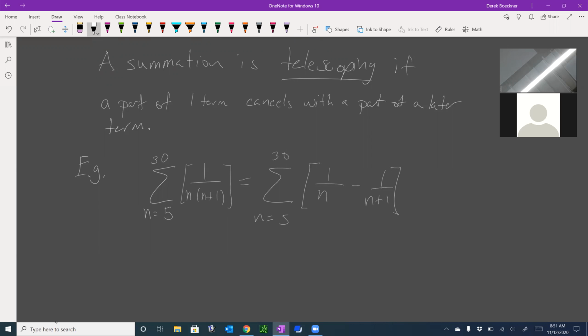And you guys might not have recognized that right away, but this is a common enough thing: if you have 1 over 2 numbers next to each other multiplied, then you've got a difference of fractions with those denominators. If I find a common denominator here, the denominator is going to be n times n plus 1. I'm going to have n plus 1 of them here.